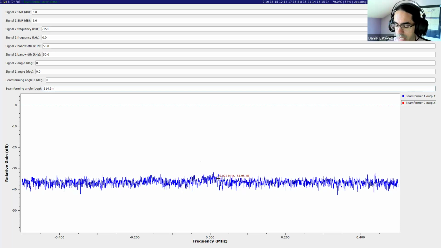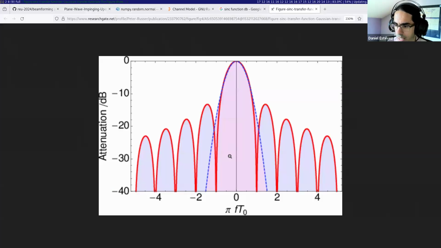That's where my signal disappears. It means that everything which is less than 0.1 degrees from the beamformer position will show up in the beamformer output to some extent. Everything which is farther away will be much more attenuated.